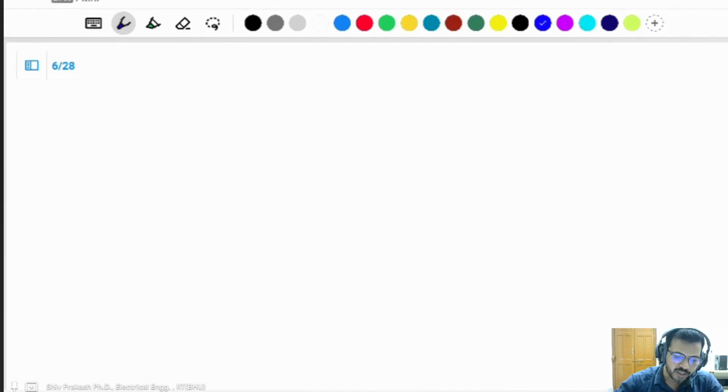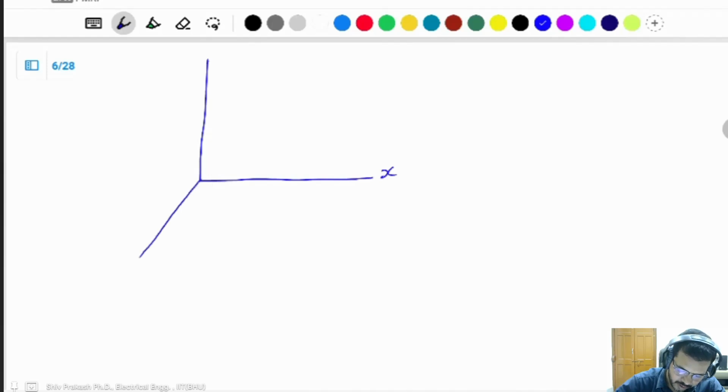You can simply calculate it in an x, y, z coordinate system, like a spherical coordinate system. The earth is not exactly spherical, but you can assume this.